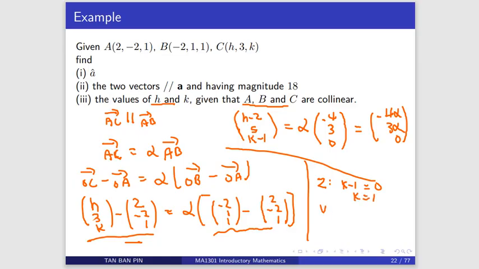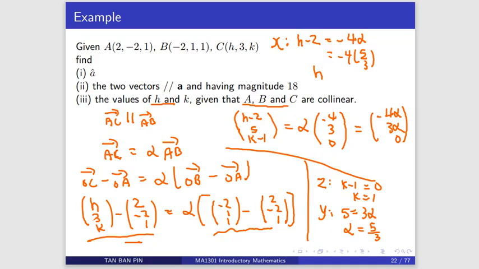Then you compare the y component. 5 is 3 alpha. So alpha is 5 over 3. And then you can compare the x component. If you compare the x component, then h minus 2 must be minus 4 alpha. Alpha we just found is 5 over 3. So it will be minus 4 times 5 over 3.